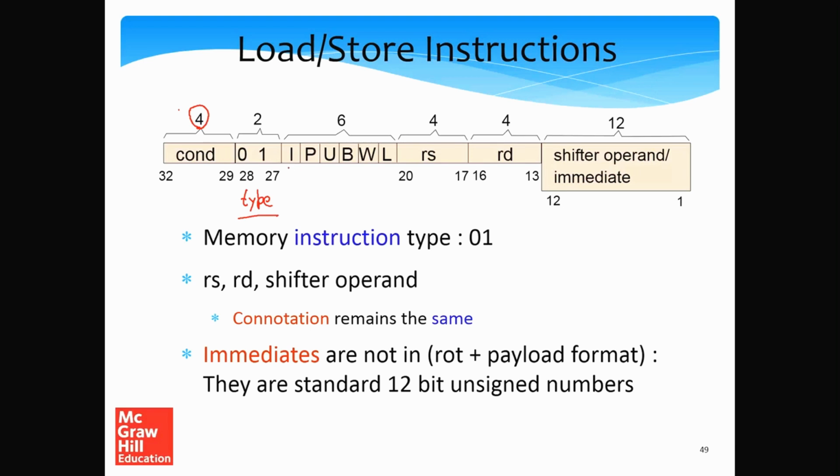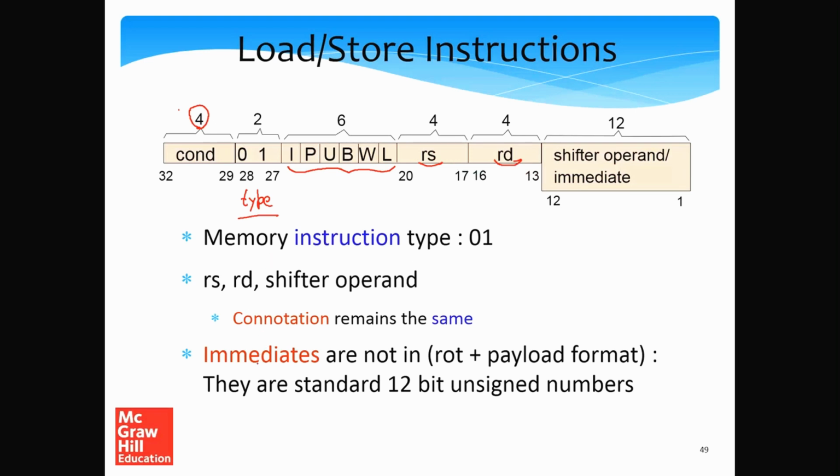And subsequently we have 6 bits I, P, U, B, W, L, which I'll discuss subsequently. RD in the case of a load instruction is the destination of the load, and RS is the base register. In the case of the store, they maintain a similar connotation. RS is still the base register, and RD is the register that the value comes from.